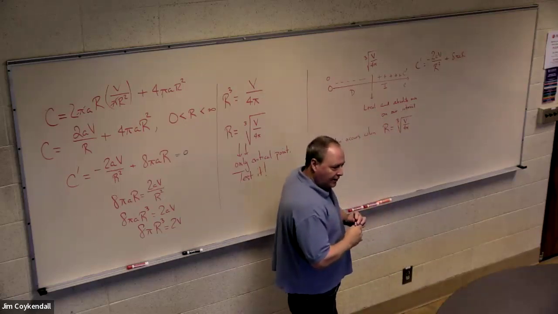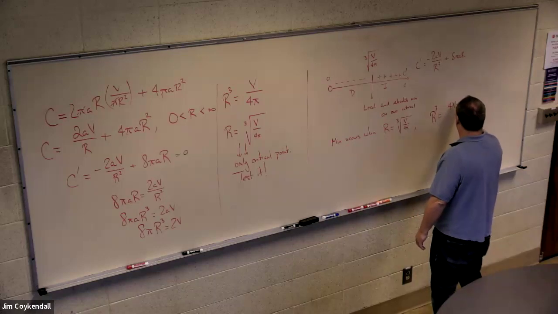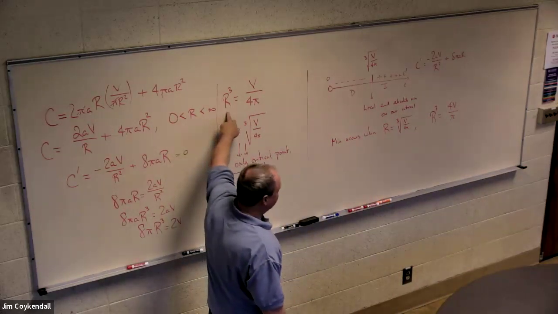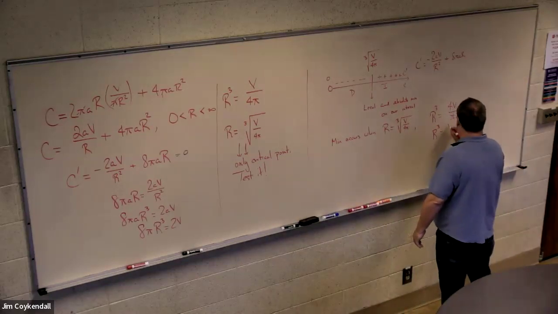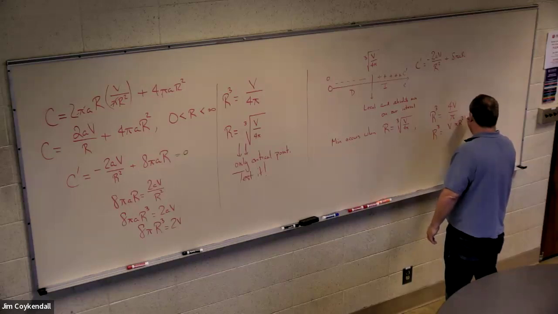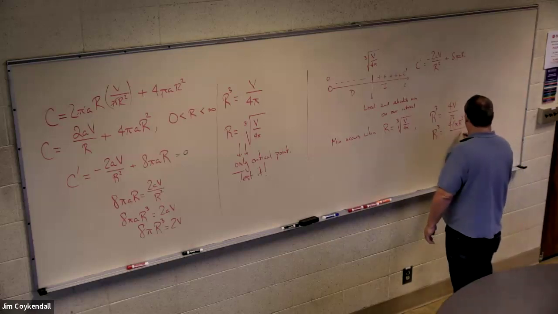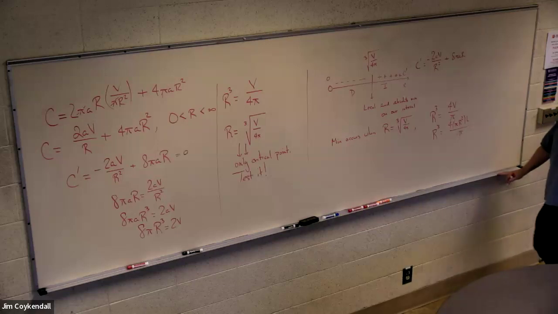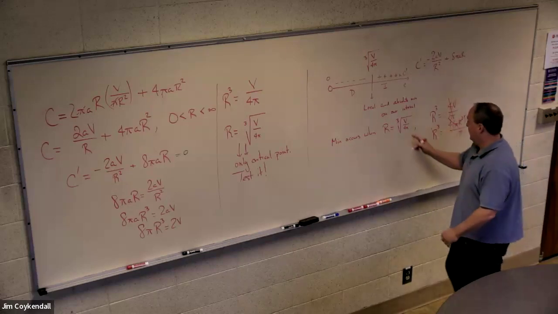Now, I did ask what the ratio of the radius to the height was, so I found the critical number. Remember this one? All right. And let me remind you what V was. This is pi r squared h.